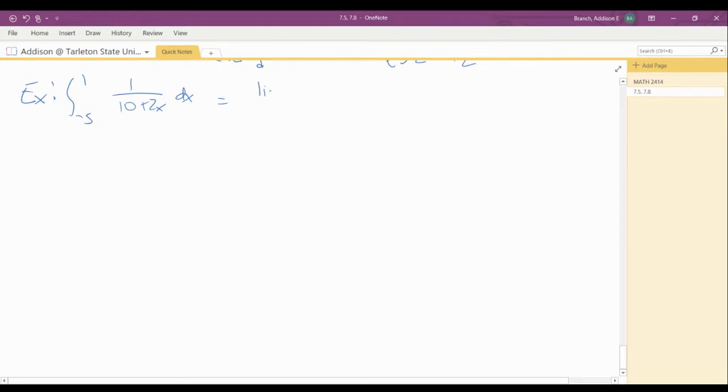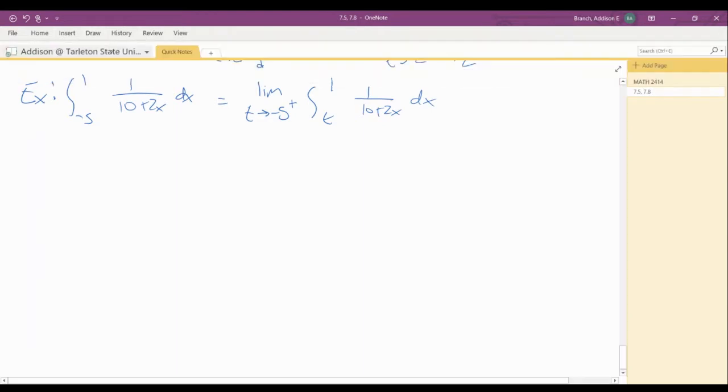So we are taking our limit as t approaches -5 from the positive side, from t to 1 of 1 over 10 plus 2x dx. All right, so now we can go ahead and integrate.